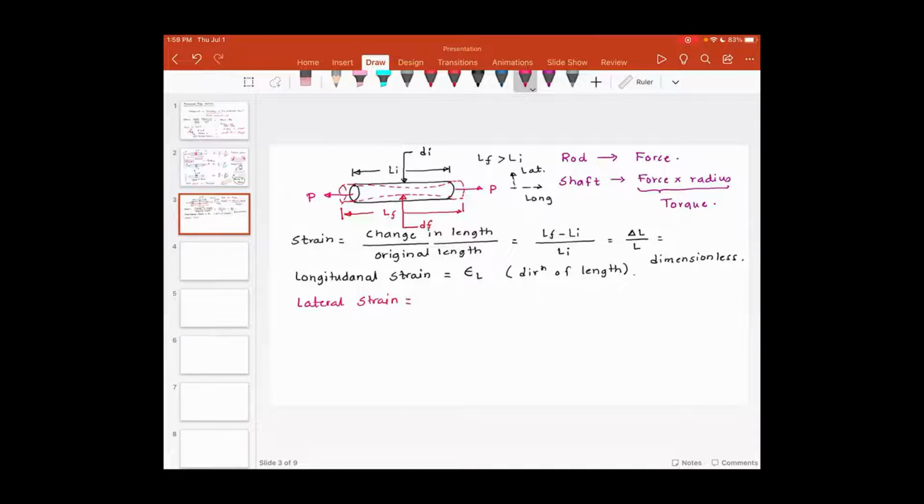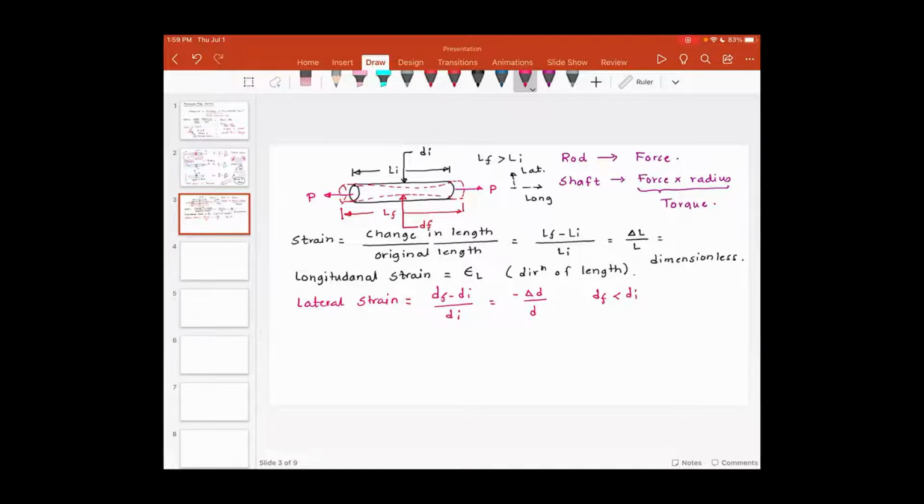The lateral strain is again the final diameter minus initial diameter divided by the initial diameter. So change in the diameter divided by the initial diameter. However, I want you to observe that this quantity is negative because the final diameter is less than the initial diameter. df is less than di.